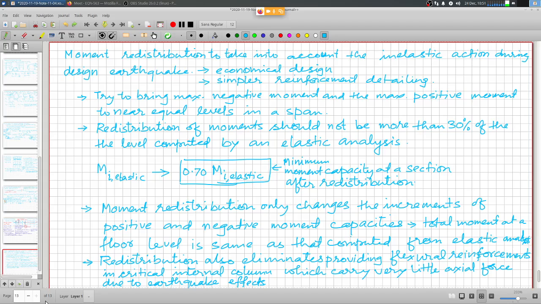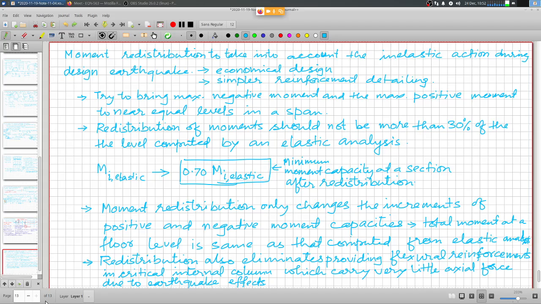Right? So there is actually no requirement for the interior columns for carrying additional axial force. So the reinforcement details, etc., are very, very nominal. But in order to maintain that strong column, columns have to be stronger than the beams.